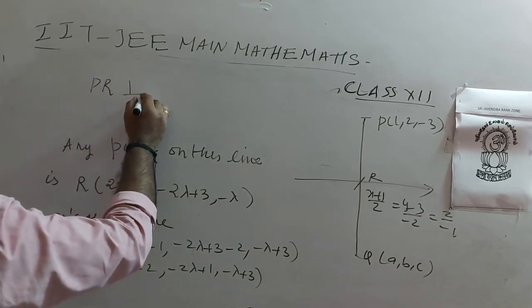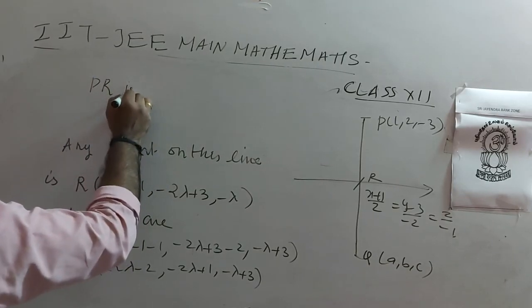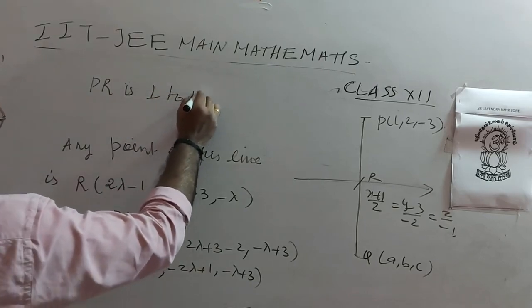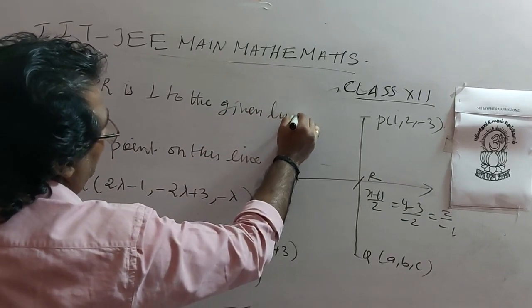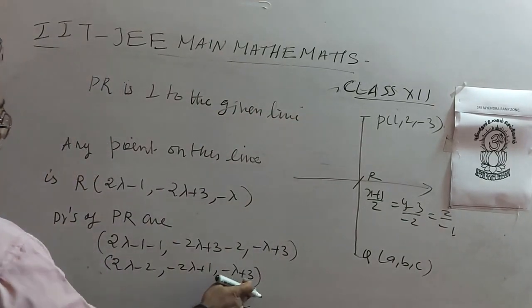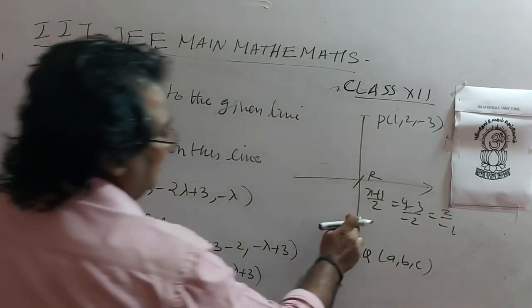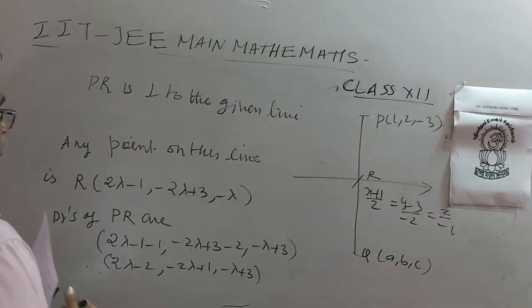PR is perpendicular to the line. So the product of these ratios with the line's ratios is equal to 0.